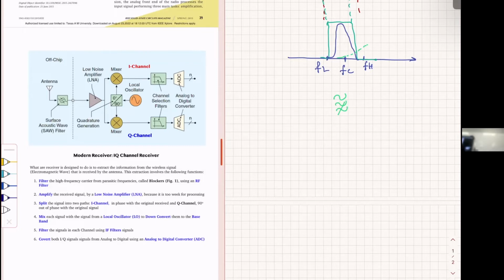Very low, to the point that I can take that through an analog to digital converter and make the analog signal into bits. And then where do I go from there? I go to a microprocessor where we process the signal and we get the original information. Could be voice, could be text. And that's how a receiver, like all of the phones, works.